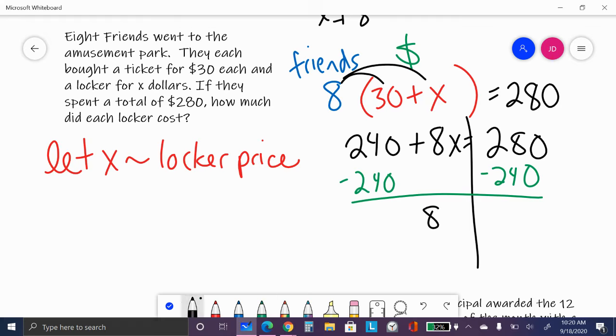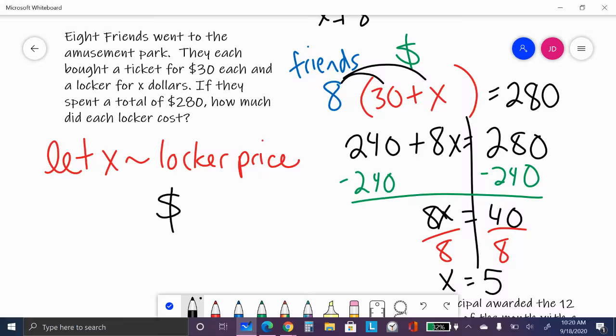We get 8x is 40. Divide both sides by 8, and you get x is 5. So that is how much the locker cost, $5.